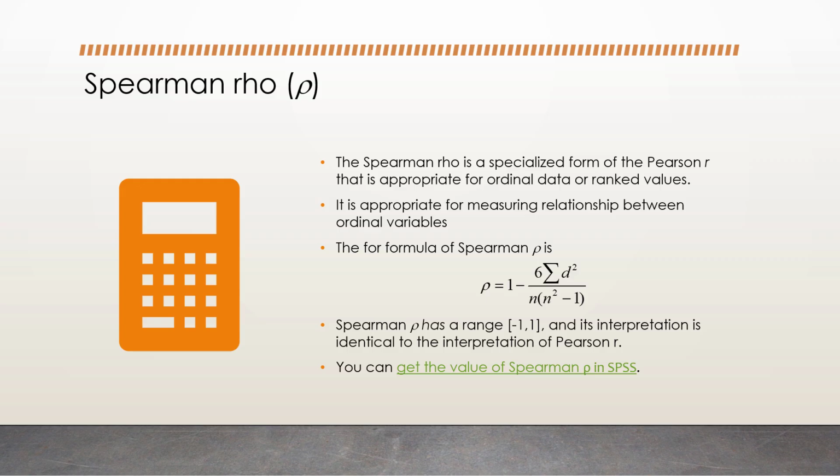Its value is also between -1 and +1, and the interpretation is the same as for Pearson's R. Keep in mind that both Pearson's R and Spearman's rho require a linear relationship between the 2 variables. The only difference is that Pearson's R is used for continuous variables, whereas Spearman's rho is used for ordinal variables.